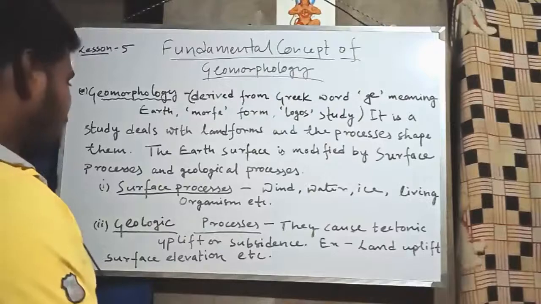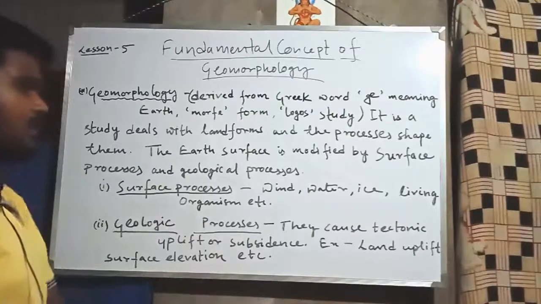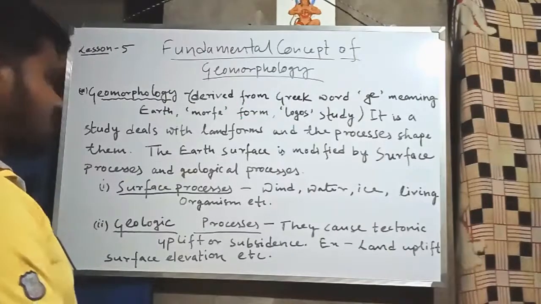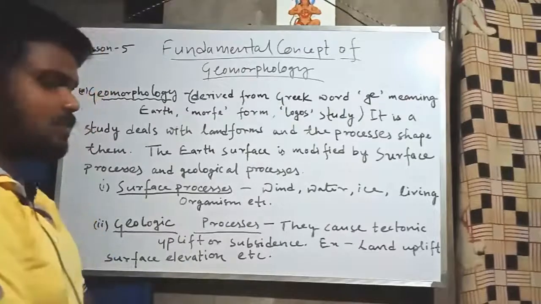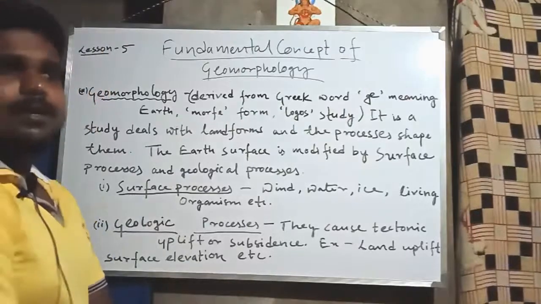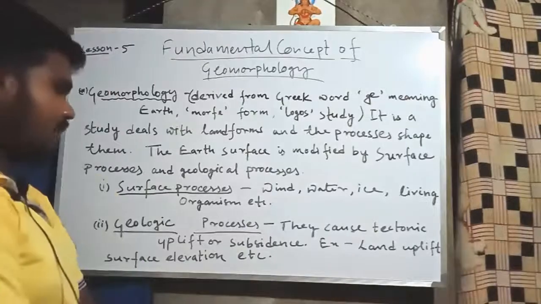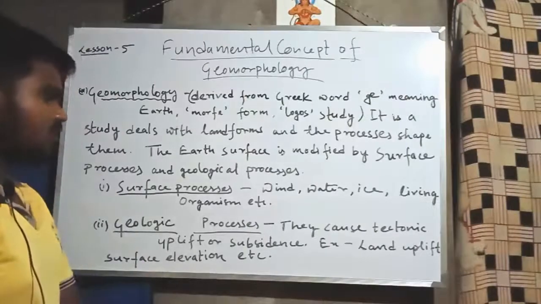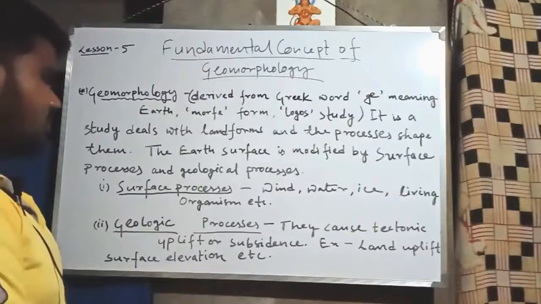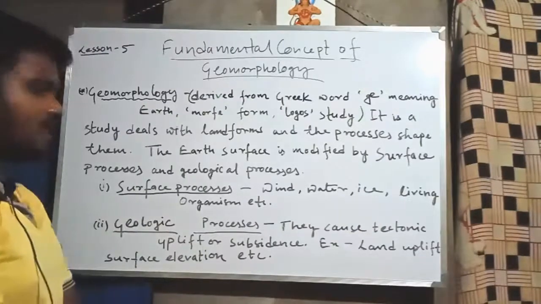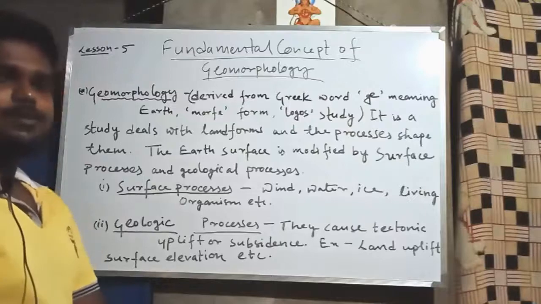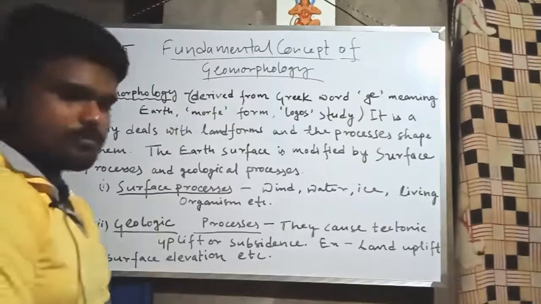And the geologic processes cause tectonic upliftment or subsidence. So the internal processes or forces which act upon the surface either uplift the surface or create subsidence on the surface. This is known as geologic processes. Examples are land upliftment or surface elevation, and there are many other examples of these processes.